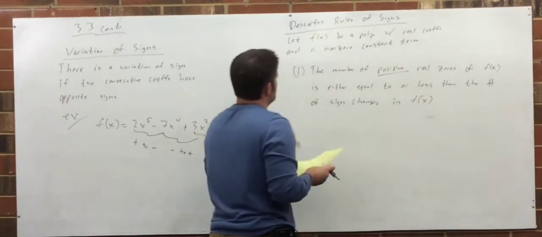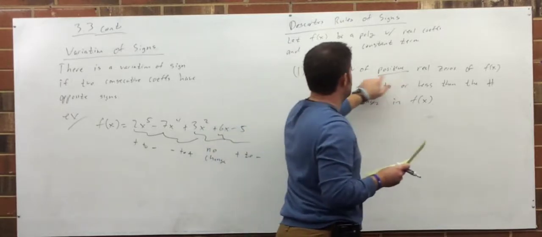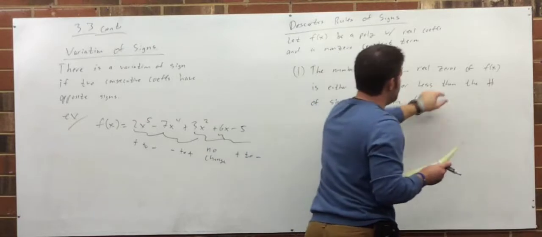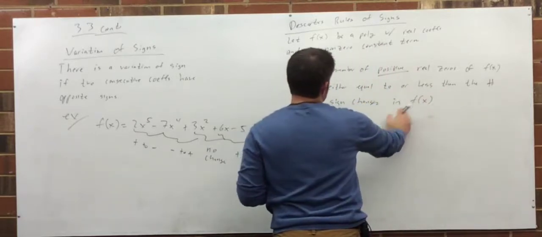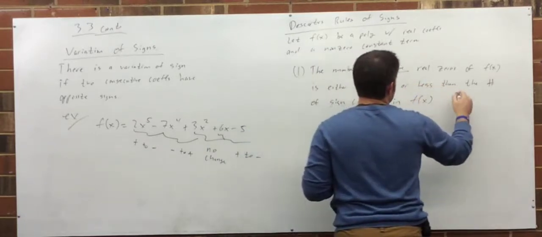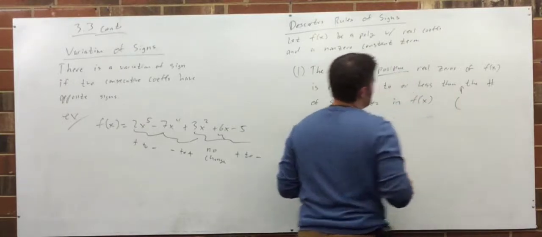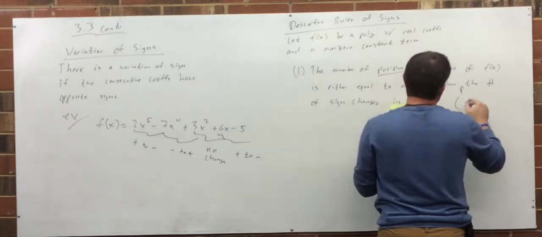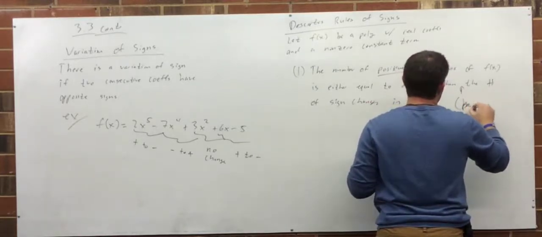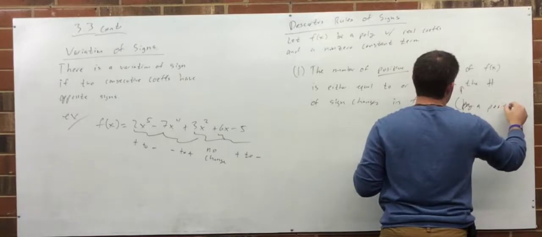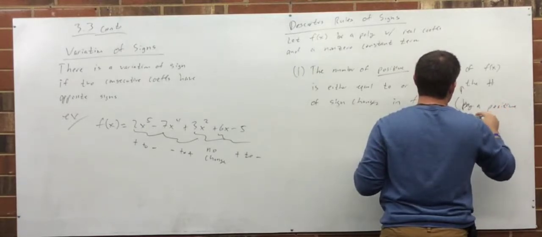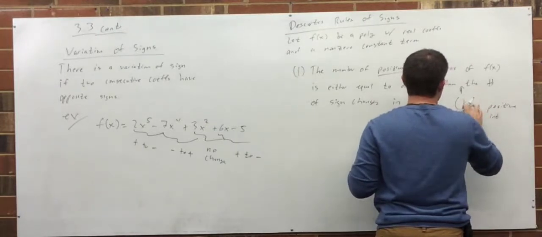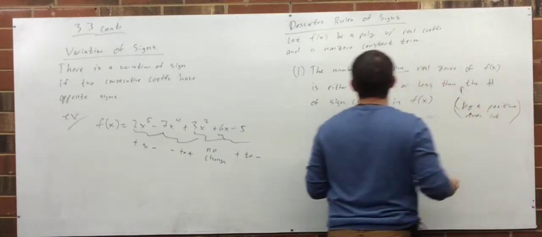Now, the one thing we need to look at is that when it's less than, in parentheses we need to put that it's less than by a positive even integer. Okay? And we'll look at an example of this.